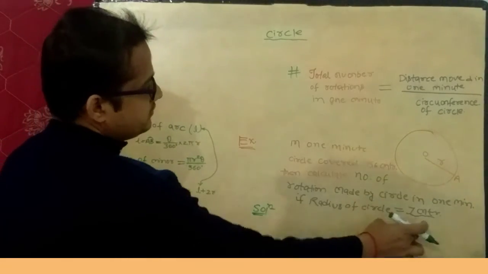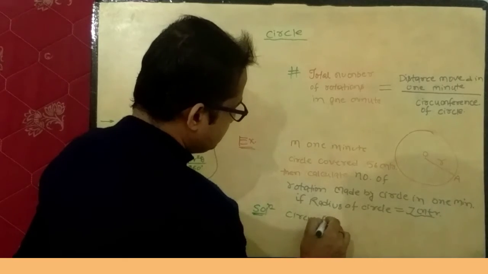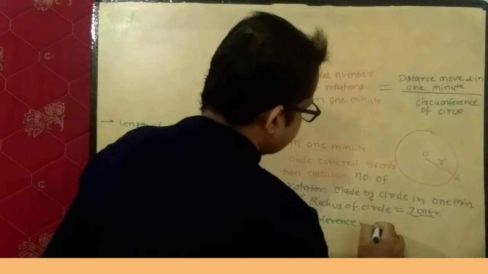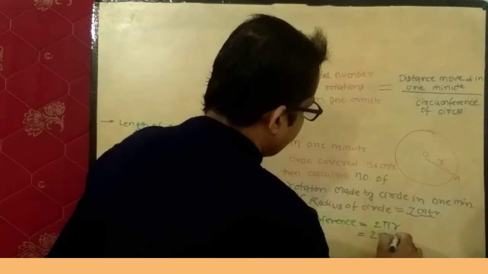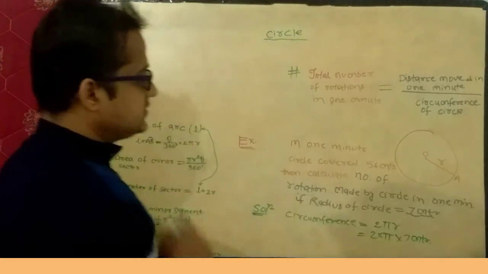Simply calculate the circumference of the circle. Circumference of circle equals 2 pi r, 2 into pi into 7 meter, where r is 7 meter.